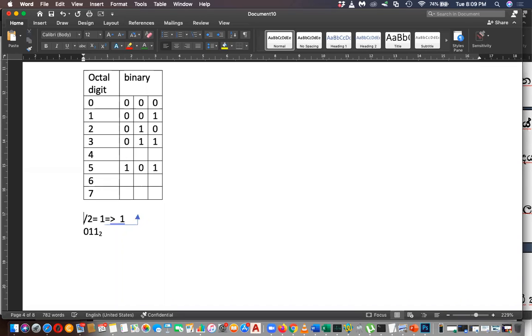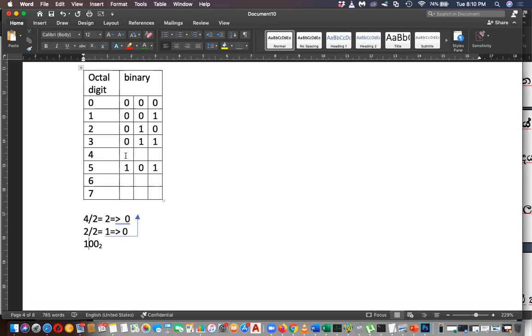4 divided by 2 is 2 remainder 0. Again you have to divide. 2 divided by 2 is equal to 1 remainder 0. So when you take the number, it's 1 0 0.